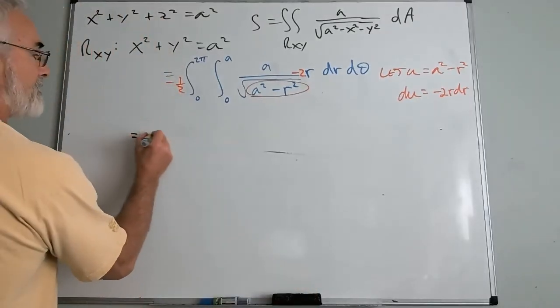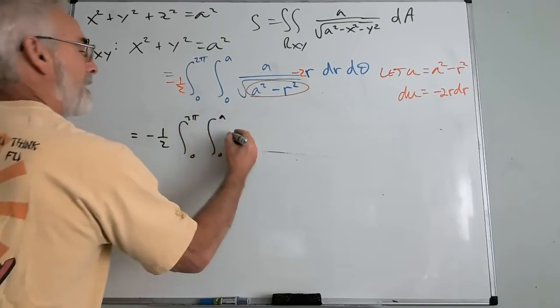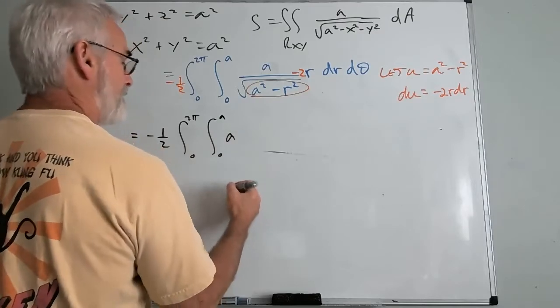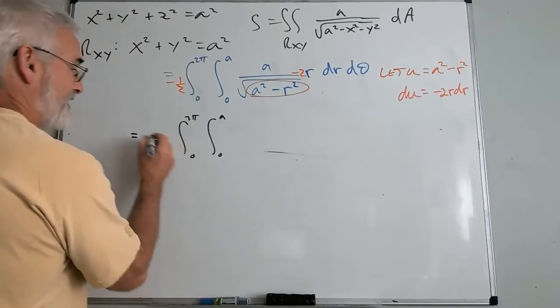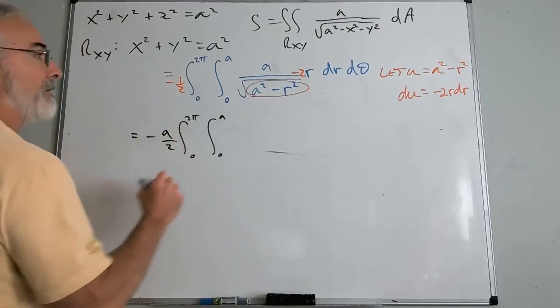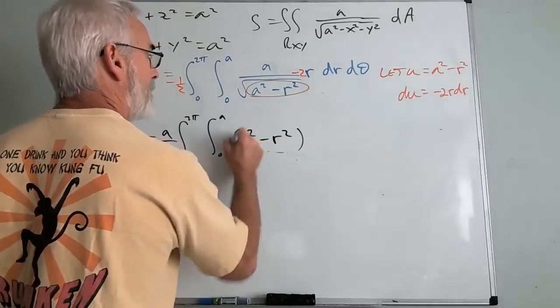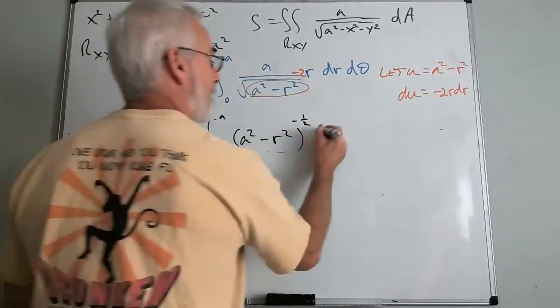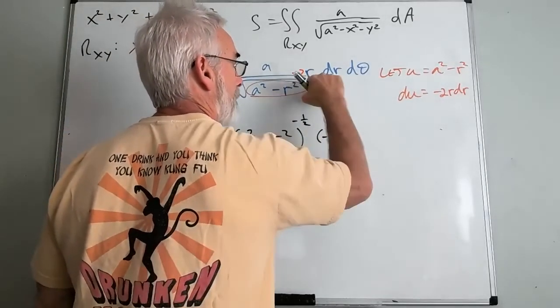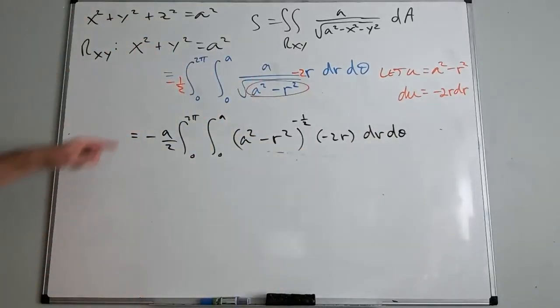This now becomes negative 1/2 a times, and in fact, you know what? Let's just take the a on the outside, because the a is a constant. So how about negative a over 2? And then that leaves me with a squared minus r squared to the negative 1/2 times negative 2r dr d theta. Okay, algebraically, this and this are absolutely the same.